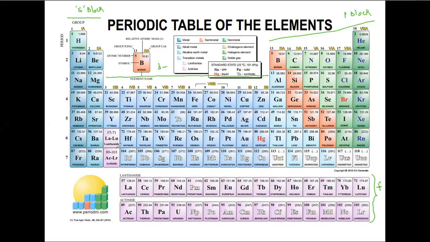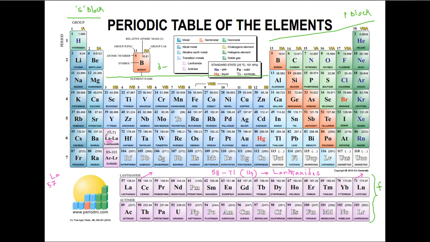Look at this. Here we generally have only lanthanum. Atomic number of lanthanum is 57. Elements after lanthanum, I mean from 58 to 71. The 14 elements after lanthanum are called lanthanides.